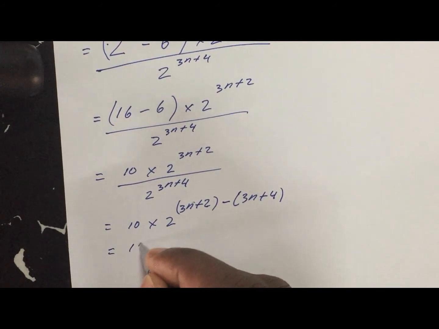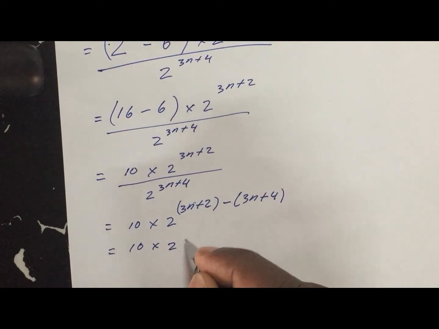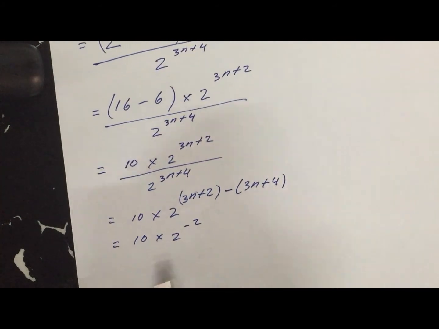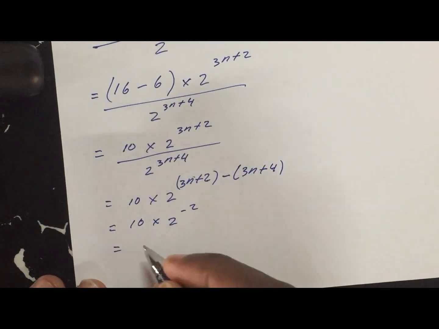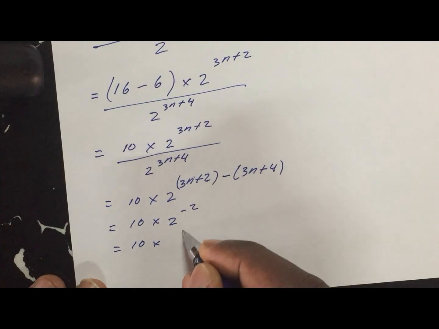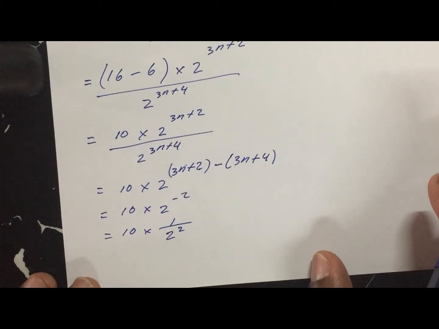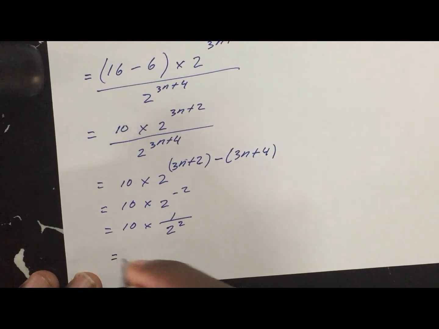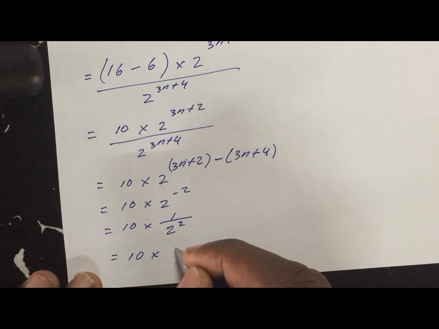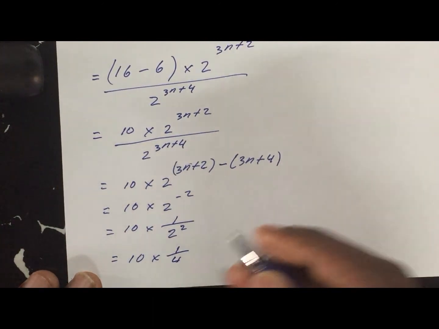So that gives us 10 times 2 to the negative 2. This can be rewritten as 10 times 1 upon 2 squared. Now 1 upon 2 squared is a quarter, so 10 times a quarter.